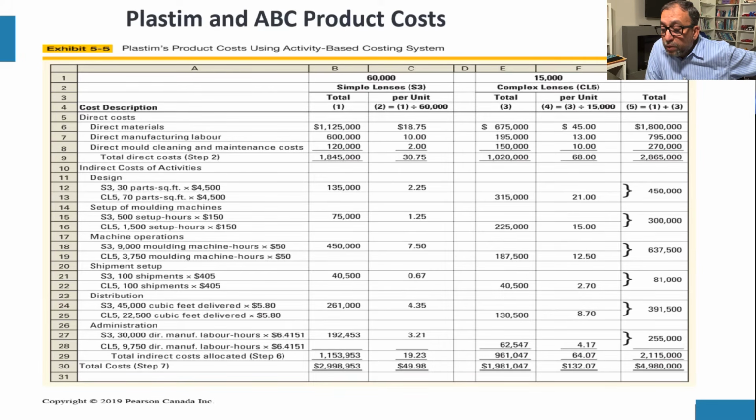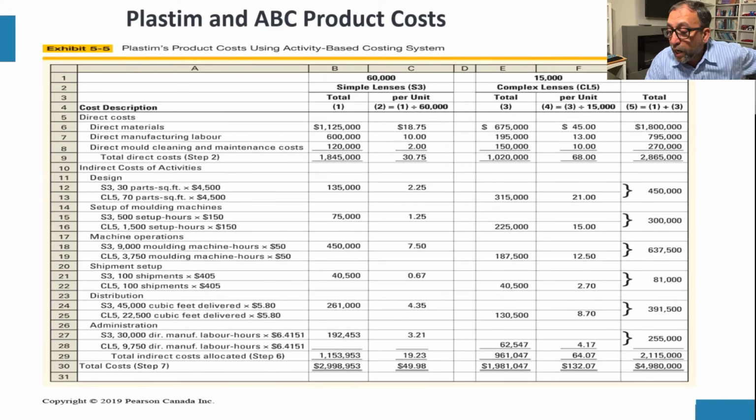So we multiply with the 50 and divide the cost among these two products. And the same is the case with shipment setup, distribution, administration, and we see here that all of this indirect cost is distributed. This is per unit, and this is the total, based on different activities.